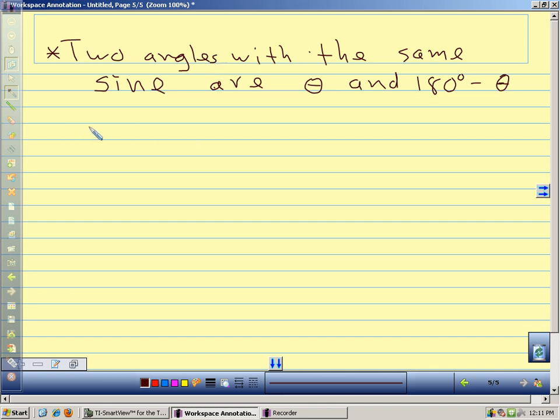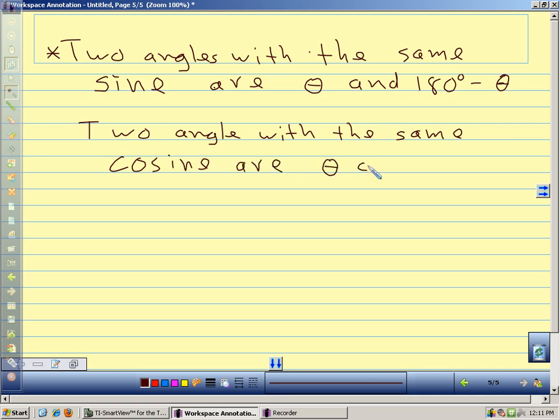Two angles with the same cosine are theta and 360 degrees minus theta.